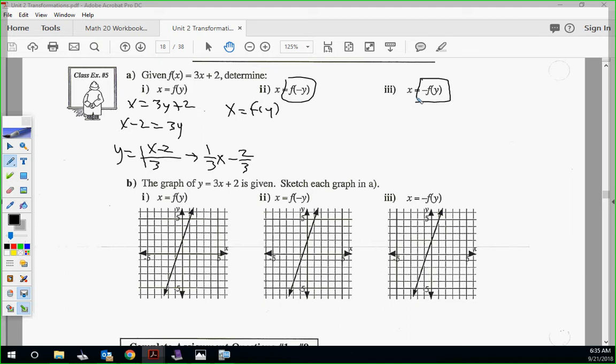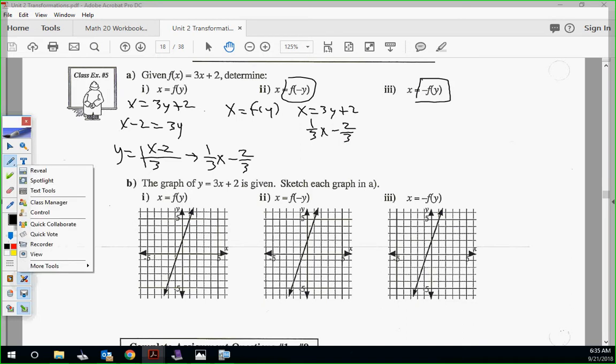Okay. So that gets me x equals 3y plus 2. And we know when we solve that, we already know what that is. So we're going to get 1/3 x minus 2/3. And then after that, we're going to flip the y to negative. Okay.